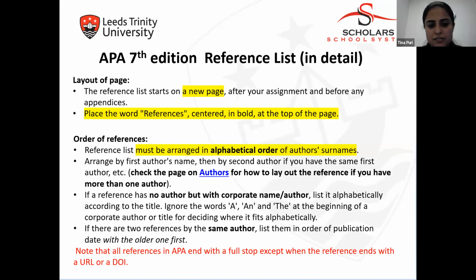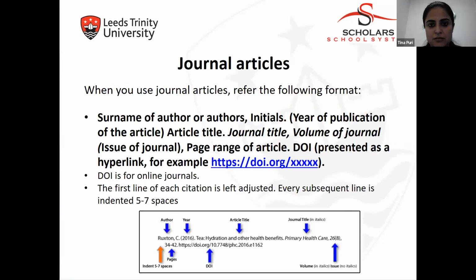If there are two references by the same author, list them in order of publication date with the older one first. Note that all references in APA end with a full stop except when the reference ends with a URL or a DOI. So for journal articles, refer to the following format.